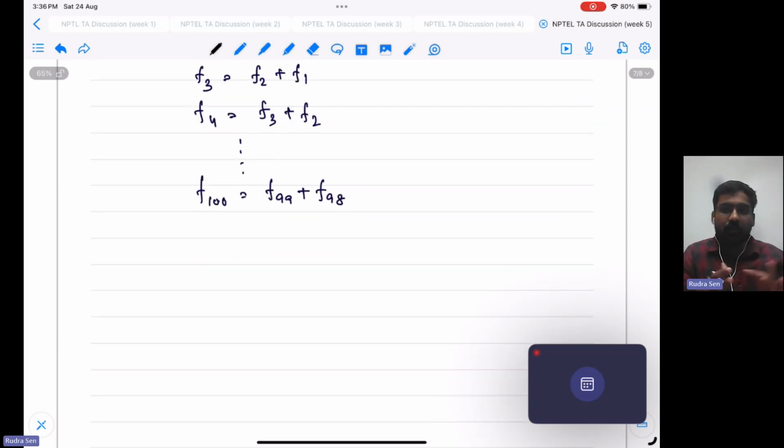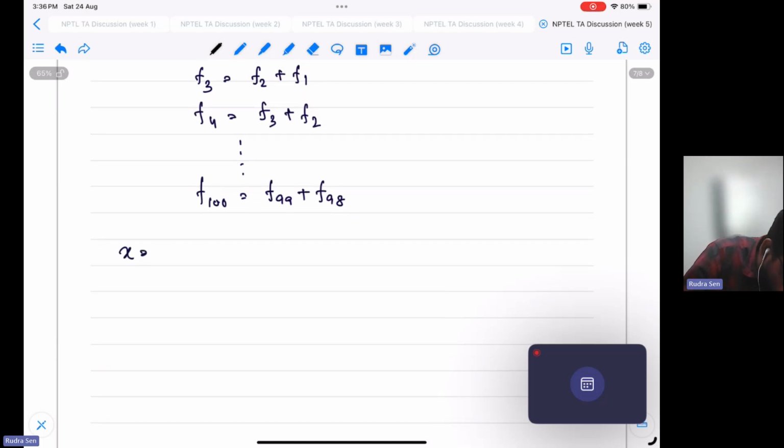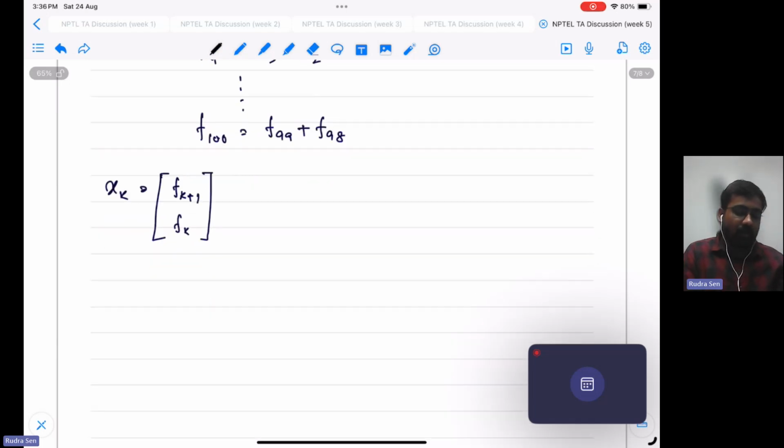So how can we put this into a systematic structure? Let's say I consider x, which is f(k+1) and f(k), and I call it xk. What we see is that f(k+2) is f(k+1) plus f(k).